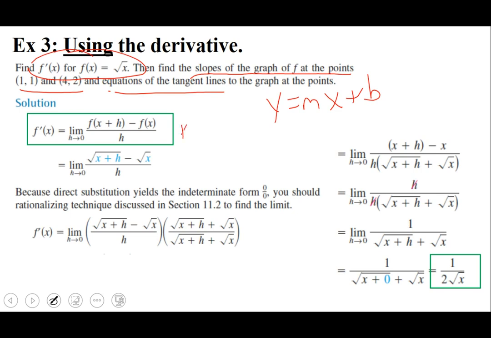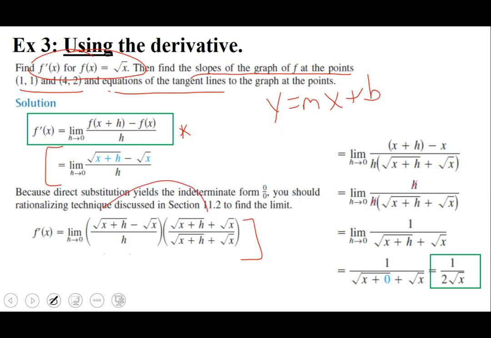Again, when I ask you for the derivative, it's the limit of the difference quotient. So go to the f function. Everywhere there's an x, put an x plus h, minus the original function. That brings us down to here. Hopefully by now you realize you have to multiply the numerator and the denominator by the conjugate. Remember, the conjugate means the same front, the same back, and of course the opposite middle. On the top, it's a FOIL, but really it's first and last.